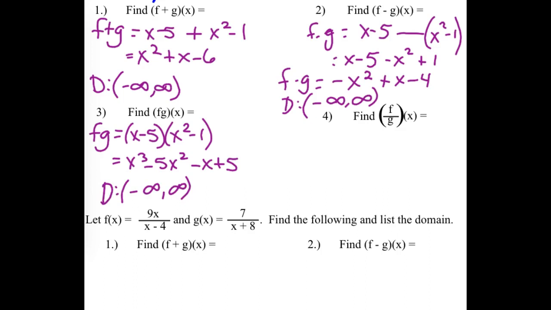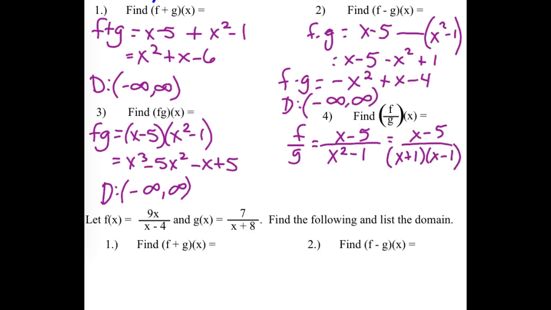Question 4. We're dividing now. And we said with division, we have created a denominator. So let's think of that in its factored form. X squared minus 1 factors into, okay?